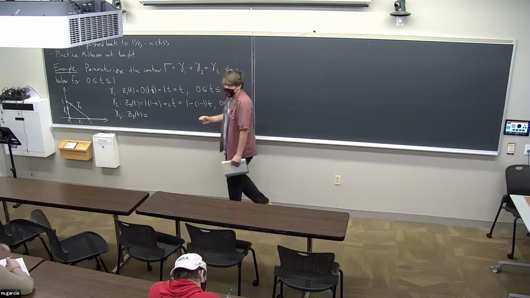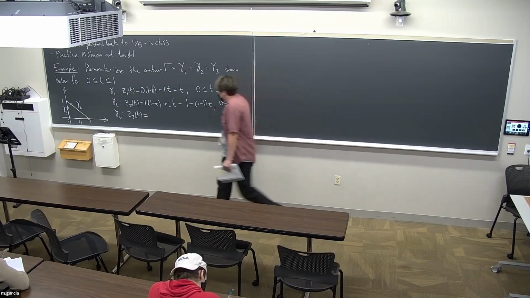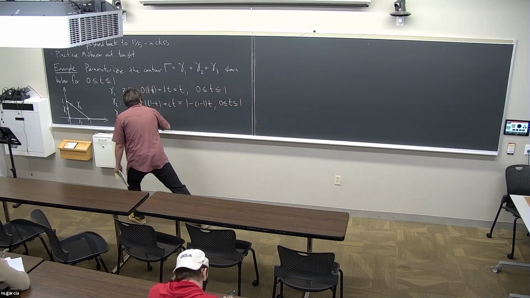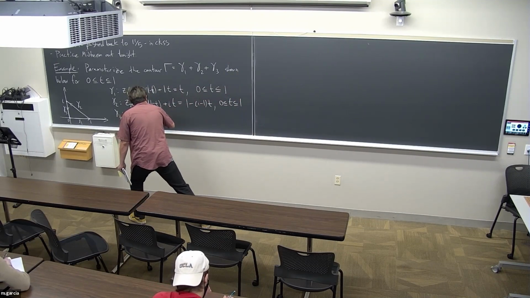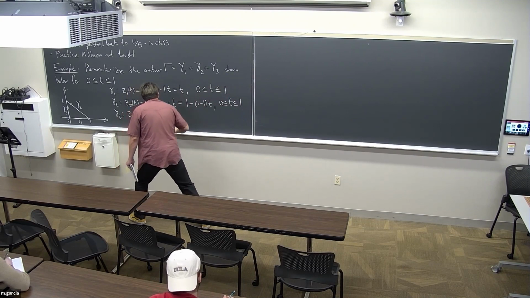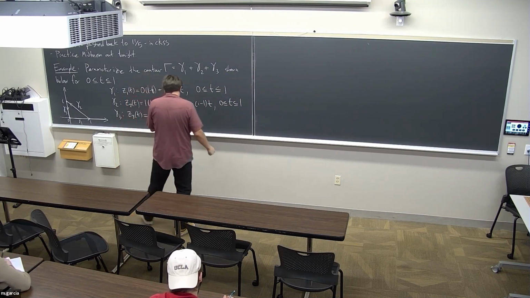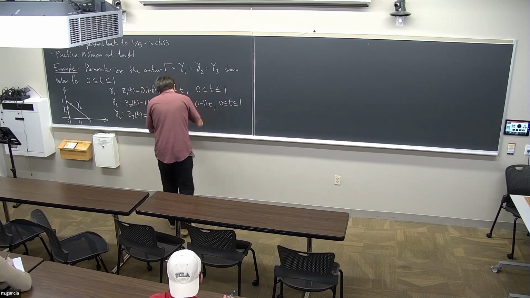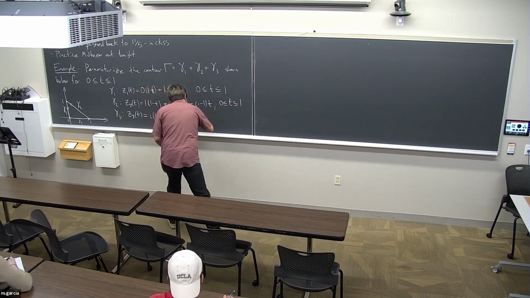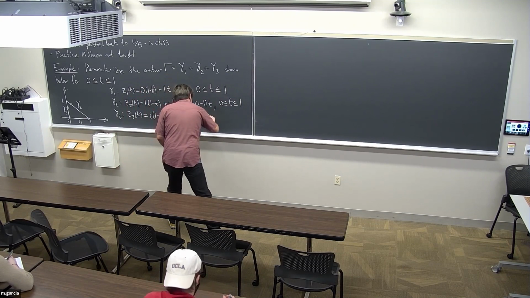Okay? Okay, so my initial point here is 1 minus t plus 0 times t. Okay, so yeah, I minus I t.